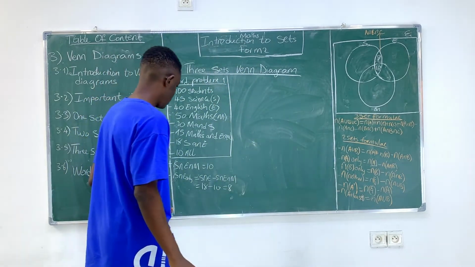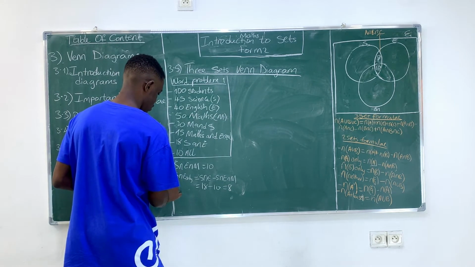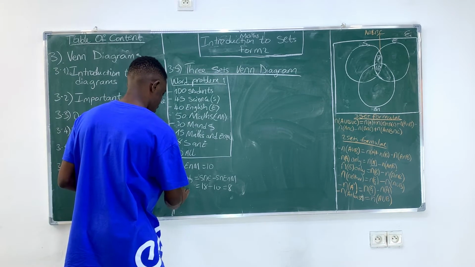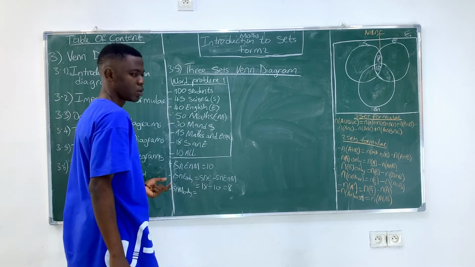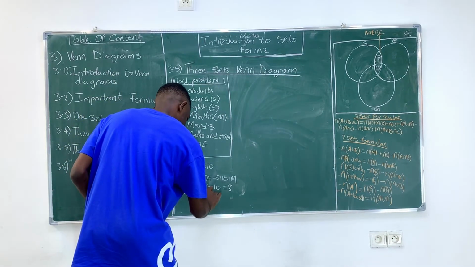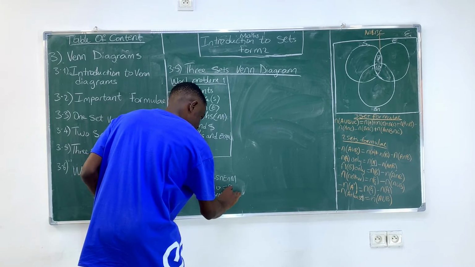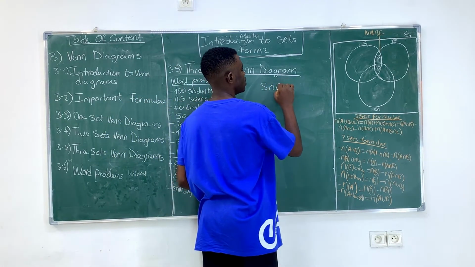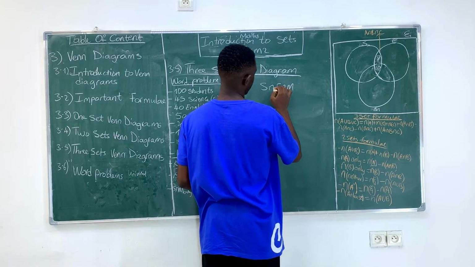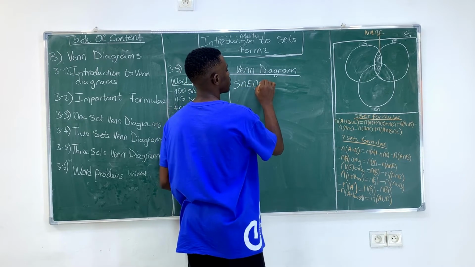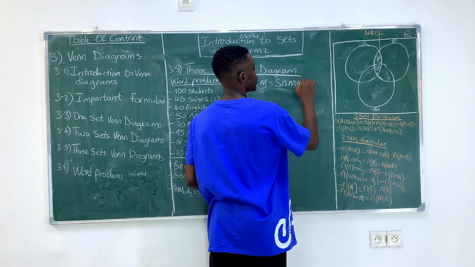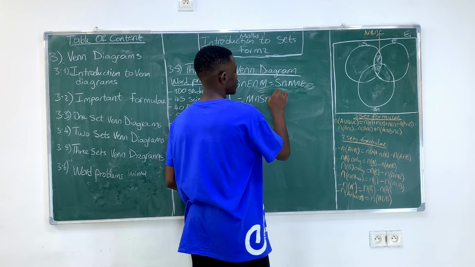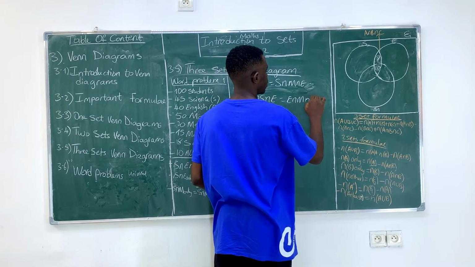So next, I find S intersection M only. That means S intersection M minus S intersection M intersection E. S intersection E intersection M is the same as S intersection M intersection E, or E intersection M intersection S. Any combination.